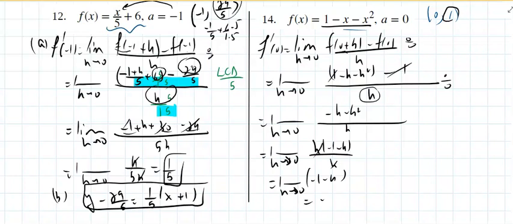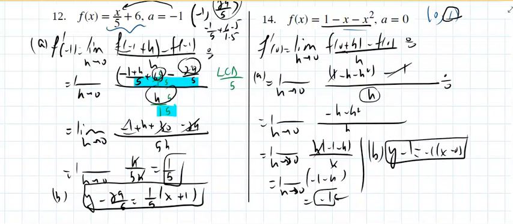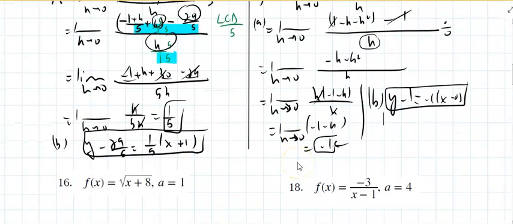Let h equal 0 and you get a -1. There's my slope of the tangent. And in part B, y minus y1 equals m times x minus x1. Of course, you could clean that up. I don't care about that. And there it is.